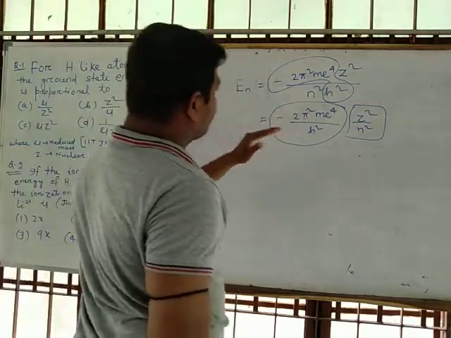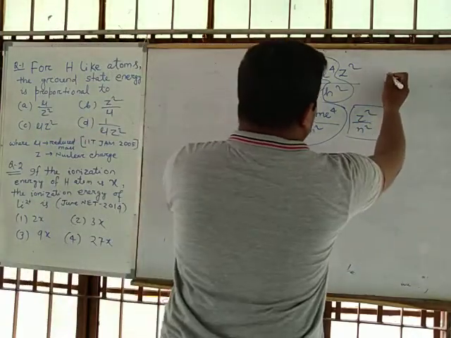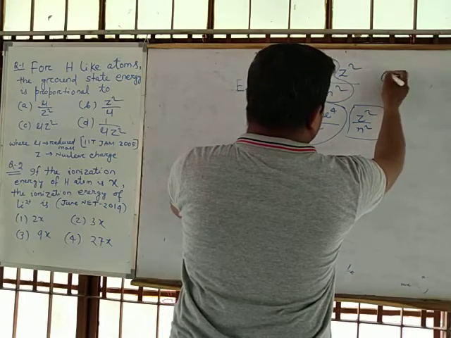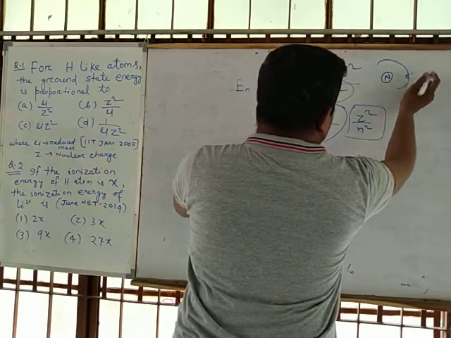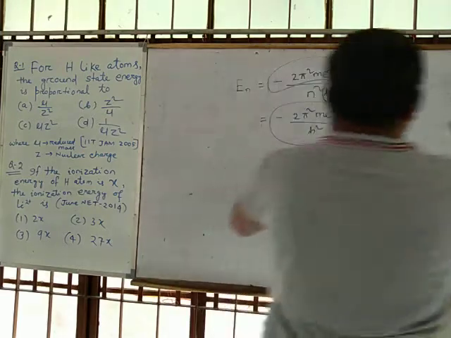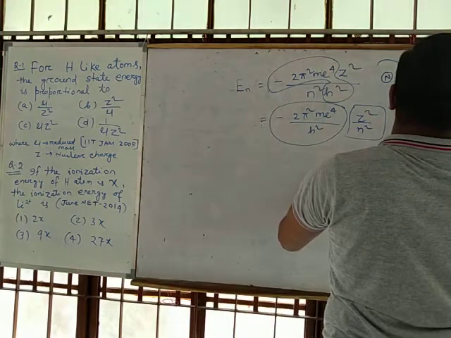Suppose here is the nucleus and here the electron, and it remains at infinity distance.